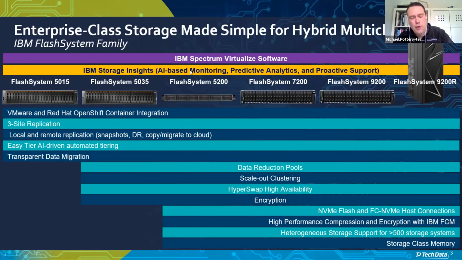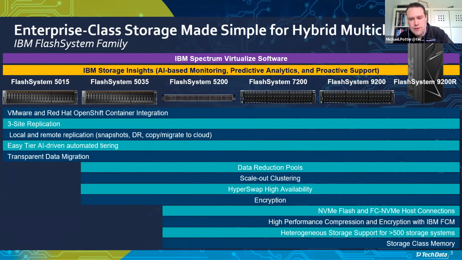So we can see why we very much see the 5200 as our flagship system, because it encompasses all these, what I see as high-end features and functions. So if you read from the bottom to the top, we've got the storage class memory, there's the support for the 500 plus storage systems that I think a lot of us as partners are well aware of, but our customers that are new to IBM won't be.